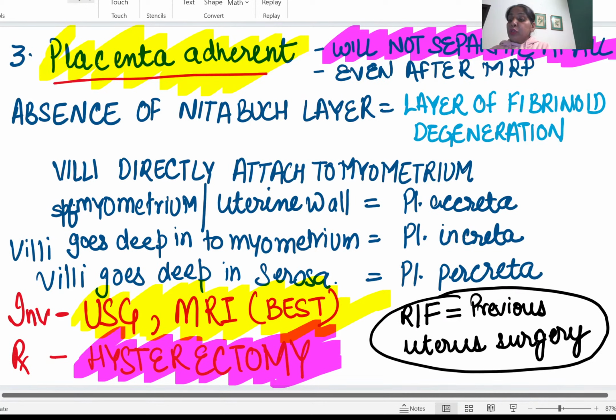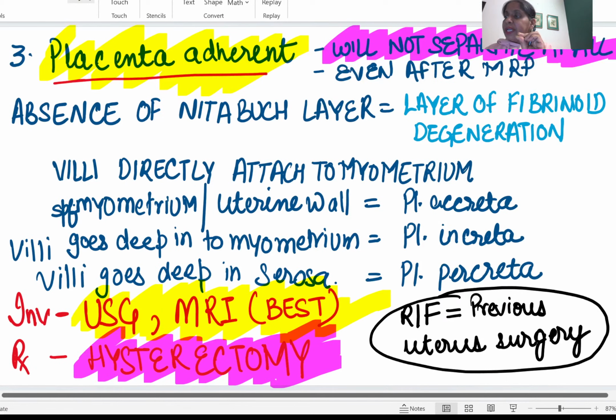The placenta is not separating even after a manual removal attempt. Usually the diagnosis is made antenatally by ultrasound, but sometimes they can ask that even after manual removal the placenta does not separate, it means the placenta is adherent.